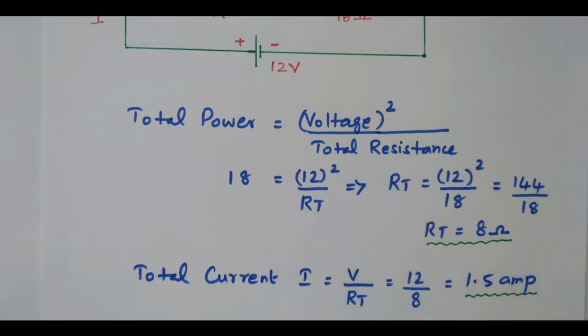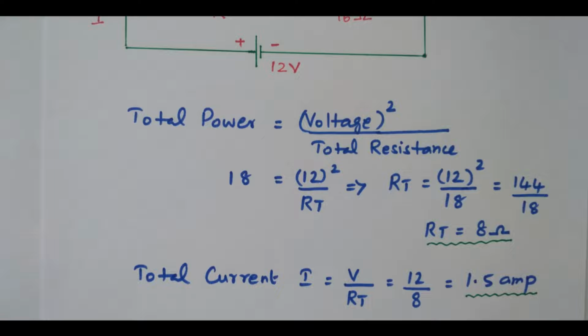I square R we cannot use, because the current value is not available. So the total power is 18, and the applied voltage is 12 square divided by RT, the total resistance. Cross multiply and interchange these two values. So RT equals 12 square by 18, that is 144 by 18, so RT equals 8 ohm.